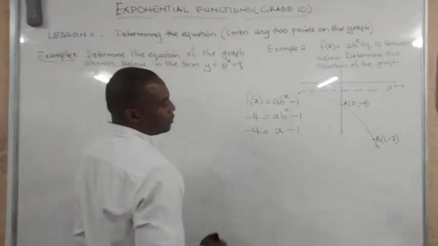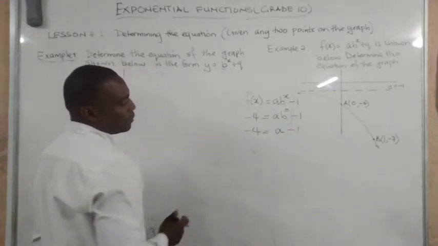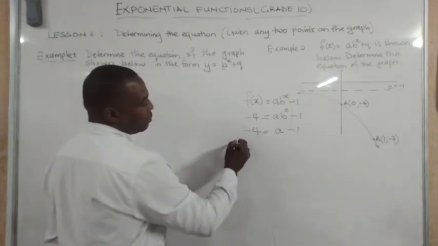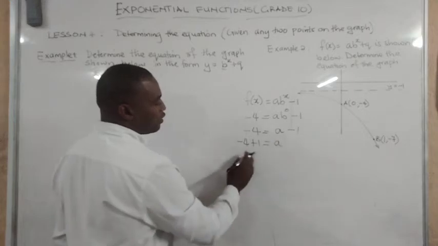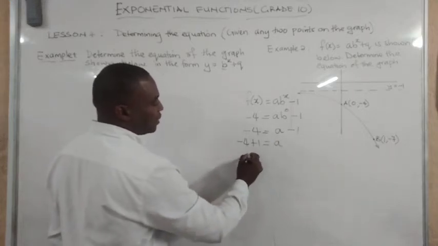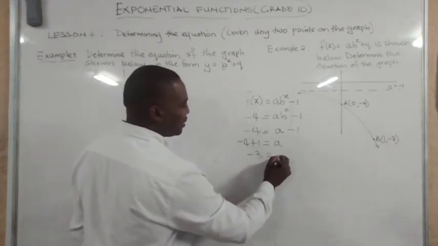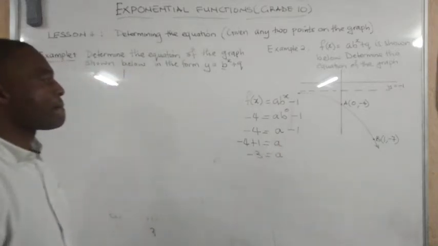And then simple, to solve for a, we just transpose negative 1, that will be positive, so it's negative 4 plus 1, that's what will give us a, that is negative 3 is the value of a.